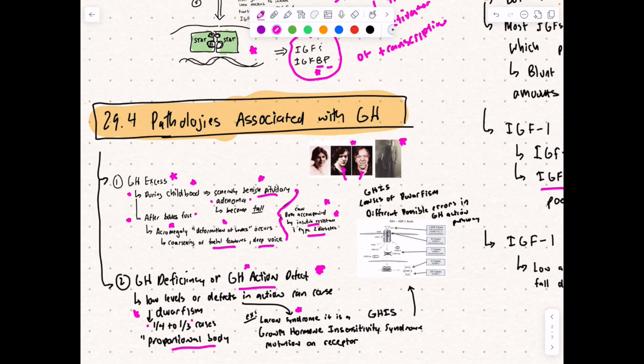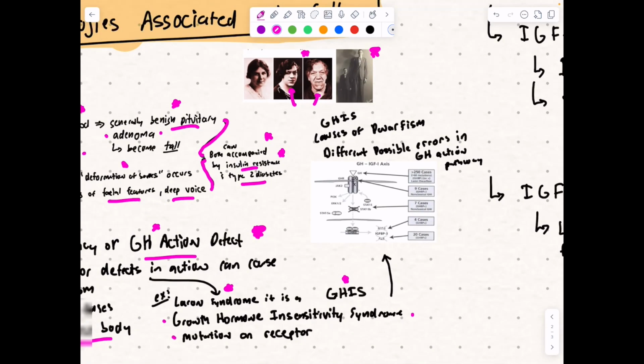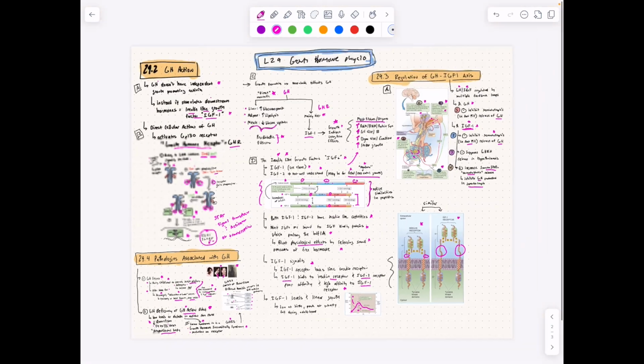It's a form of growth hormone insensitivity syndrome, GHIS, and Laron in particular is a mutation on the receptor. But growth hormone insensitivity syndrome can be the result of many different steps along the pathway: something wrong with the receptor, something wrong with STAT, something wrong with IGF overall, but different ways this can occur.